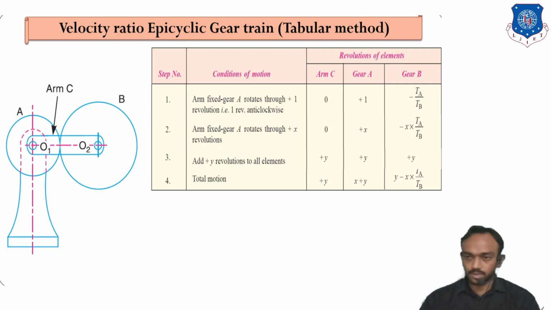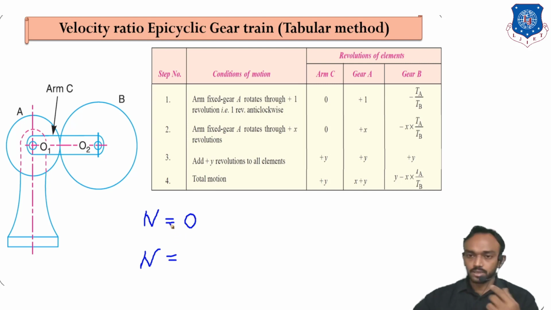Let's check one example and you will know how this table will be useful. Before starting that, I am going to give you two tips for all examples of this gear train. First of all, make the table. After the table, there will always be 2 RPMs given, for any 2 components, and among these 2 components one is always given as fixed.